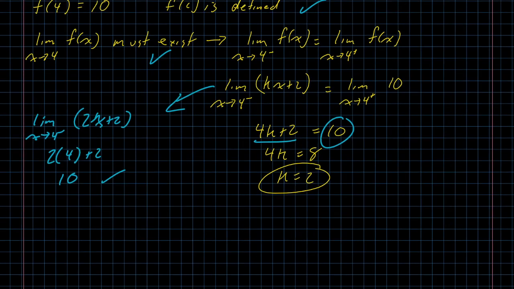So we can conclude from that that the limit as x approaches 4 of f of x is 10, which is the same thing as f of 4. All right, so that's all three conditions satisfied as long as k is equal to 2.